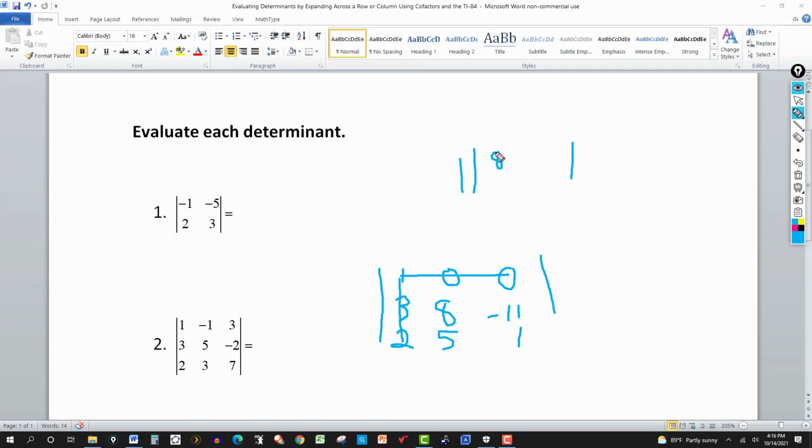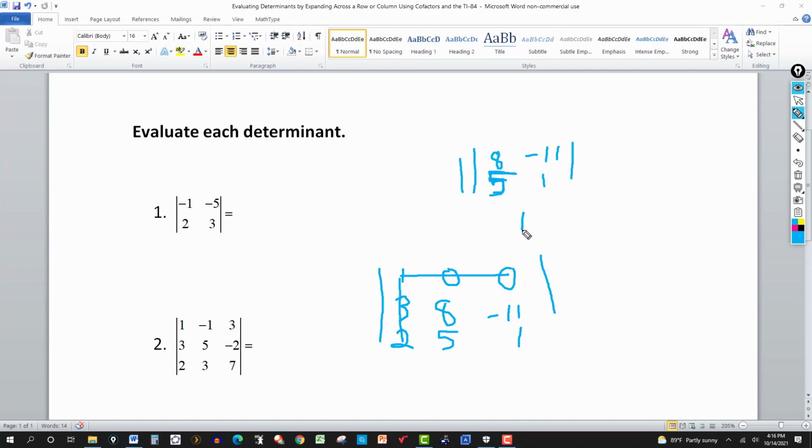Since the other ones are 0, we don't have to evaluate those, because 0 times anything is going to be 0. So it's 8, negative 1, 5, and 1. And again, because the 1 is in the first row, first column, that's even, so it stays positive, multiplied by positive. So now we just cross multiply here.